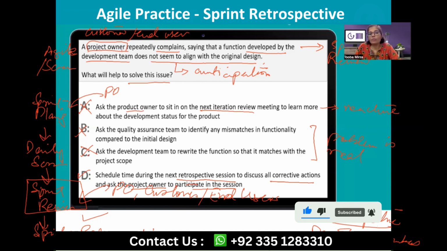Okay. First of all, the development team is all the members other than the Scrum Master and the product owner in the agile Scrum setup. The development team is necessarily the project team, and the project team is the people who get the project work done.